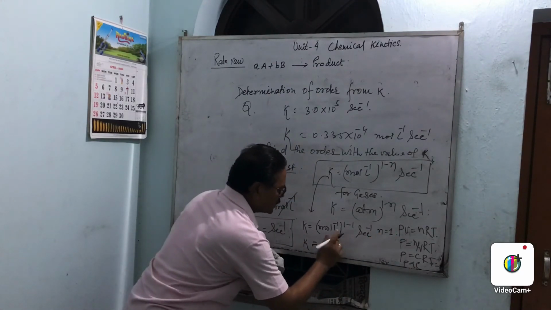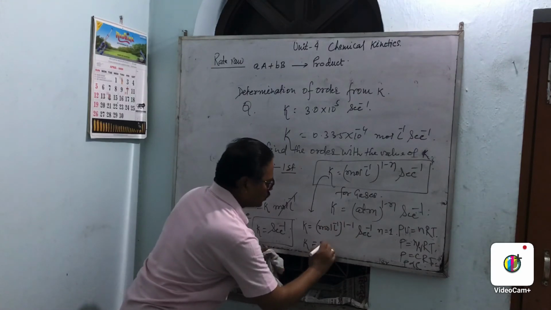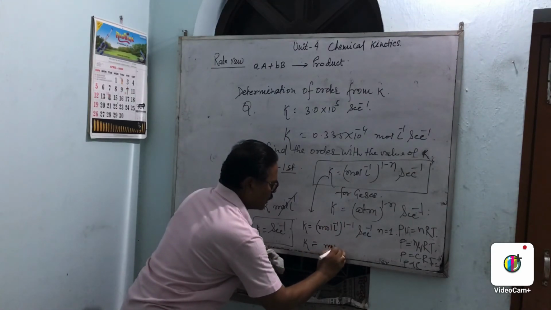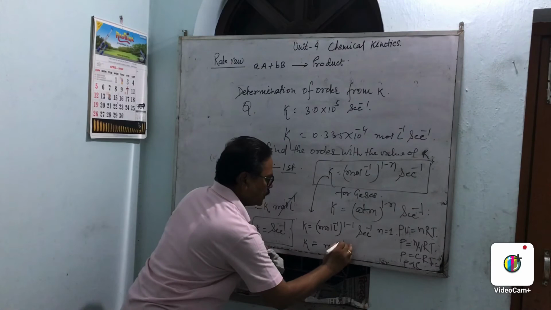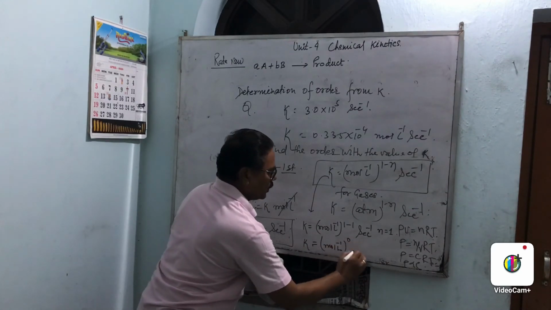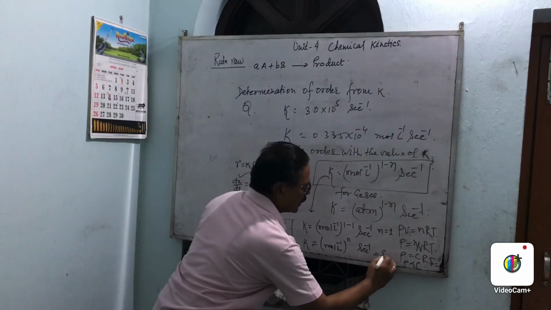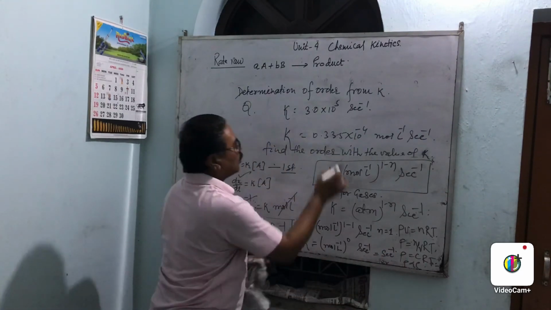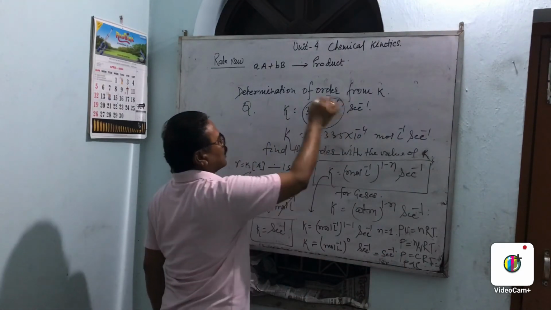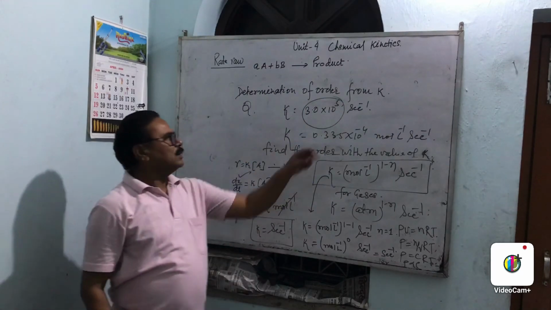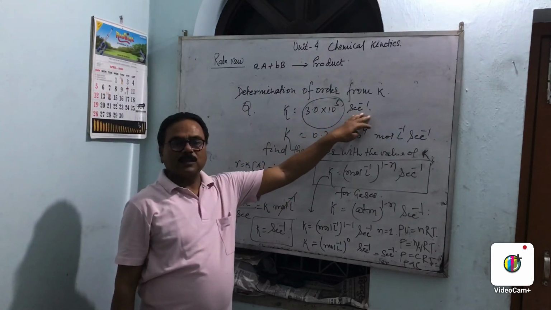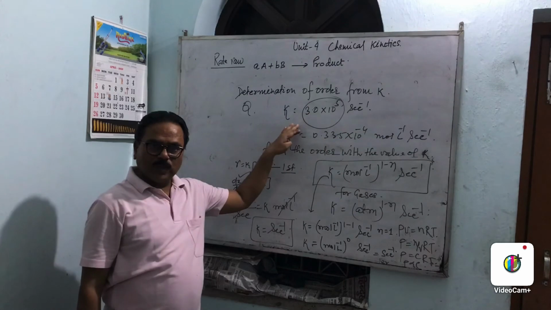So the unit comes as what? Anything to the power 0 is equal to 1. This is mole per liter to the power 0, and this is second inverse. So it comes to be second inverse. You forget this part. You do not have to look at this part. Only you have to see the unit part, not the numerical part.